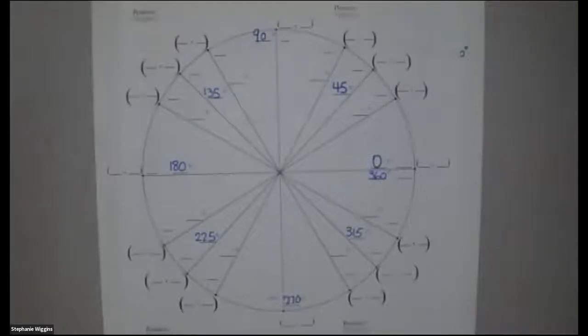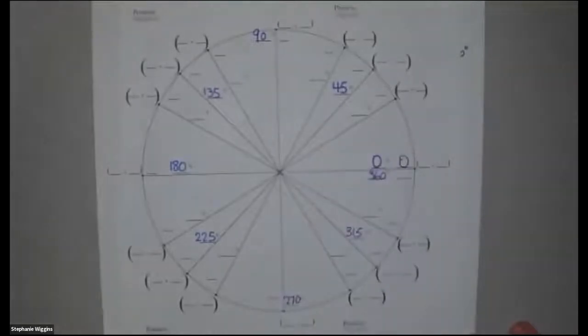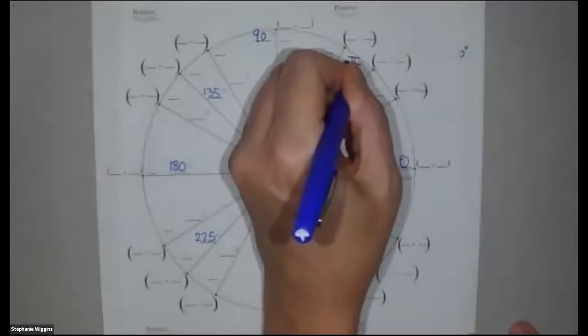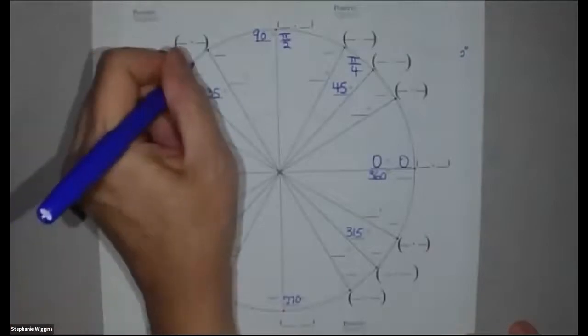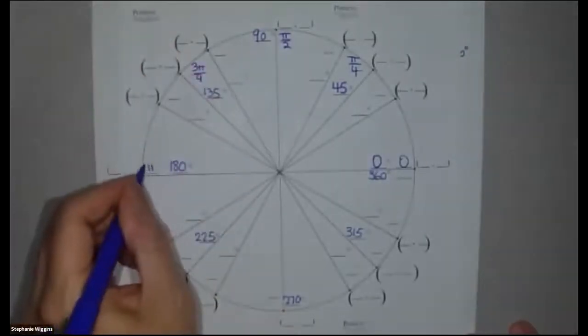So now let's go ahead and fill in the radians. 0 degrees is 0 radians. 45 degrees is pi over 4. 90 degrees is pi over 2. 135 is 3 pi over 4. 180 is pi.